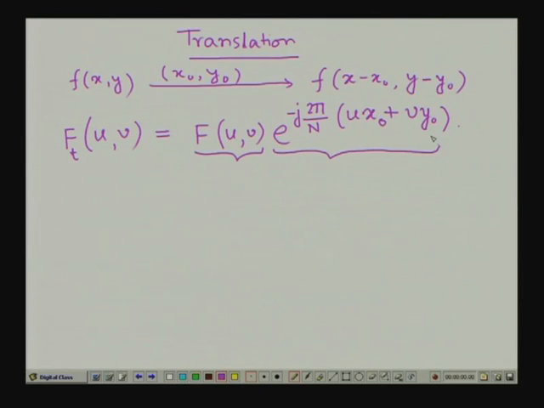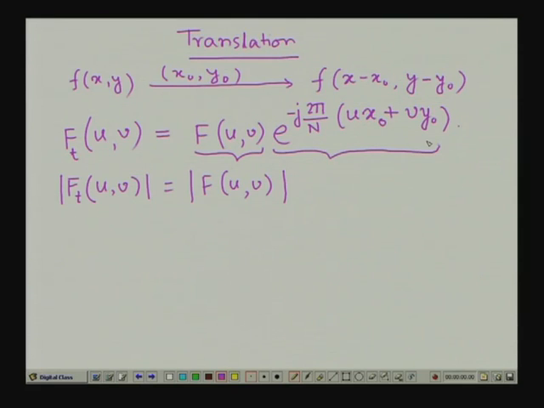If we consider the Fourier spectrum of this particular signal, you will find that the Fourier spectrum, that is |F_t(u,v)|, will be the same as |F(u,v)|. Now, this term e to the power minus j 2 pi by N (u x naught plus v y naught) simply introduces an additional phase shift, but the Fourier spectrum remains unchanged.